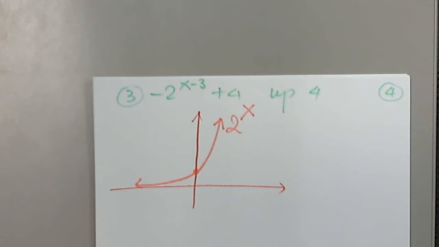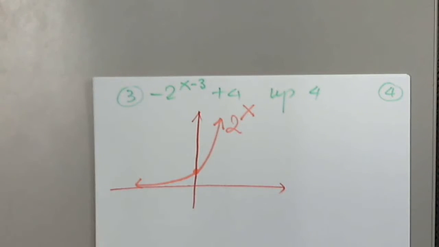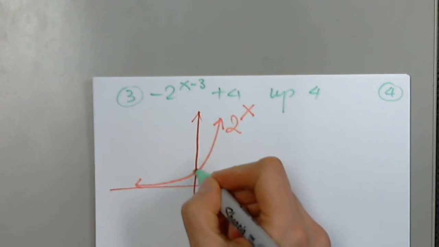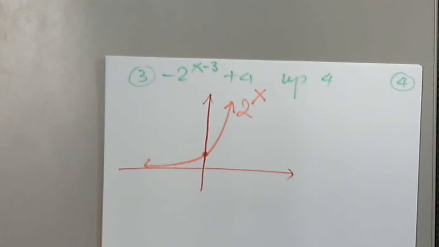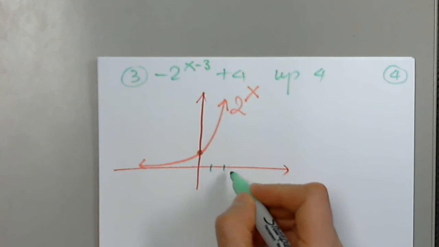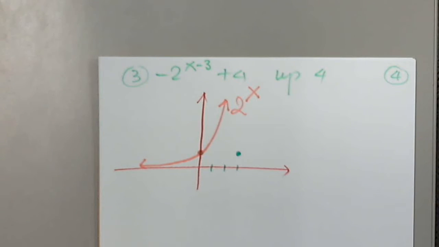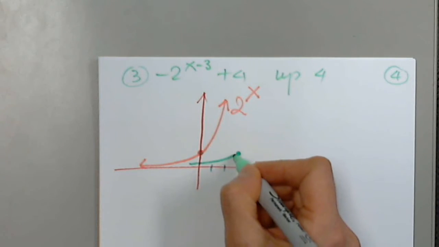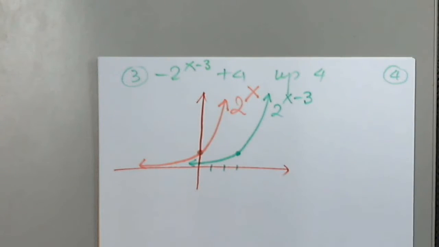We are moving this graph first, as you said correctly, moving it right. Perfect. So this point, that is quite important now, will be shifting. Where? Right 3. So this point moves here. So this is the graph of 2 to the x minus 3.